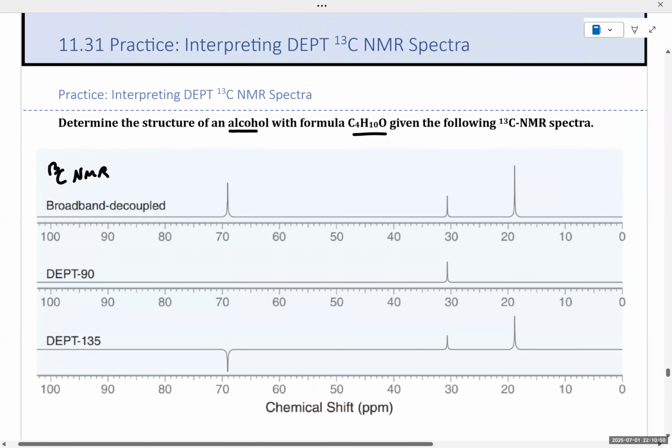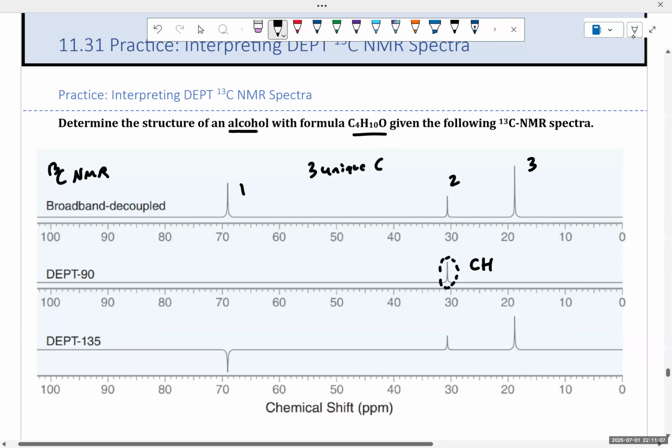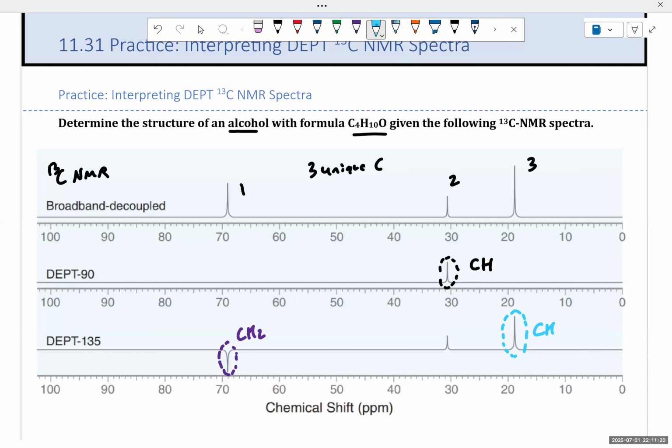So in this case, we see we have 1, 2, 3 unique carbons. From the DEPT-90, we know one of the carbons is a CH carbon. From the DEPT-135, we see another carbon is a CH2 carbon.